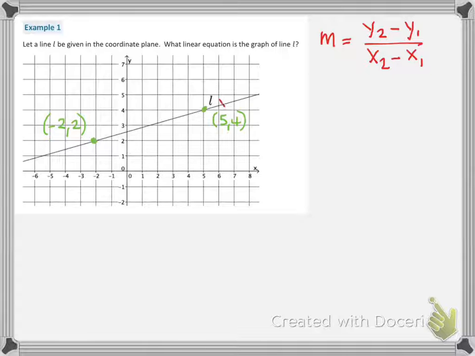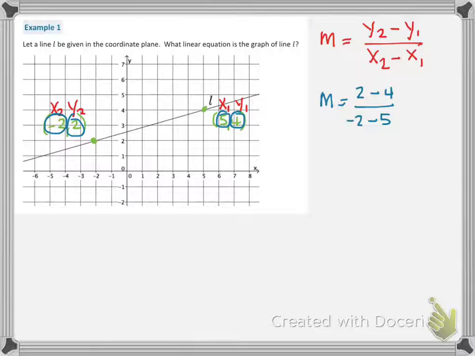Let's call this x1 and this one's y1, and then we'll say that this is x2 and this is y2, and then we'll substitute those values into our equation and solve for the slope.